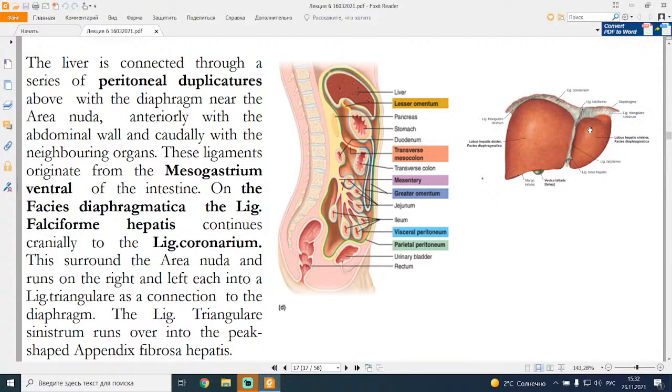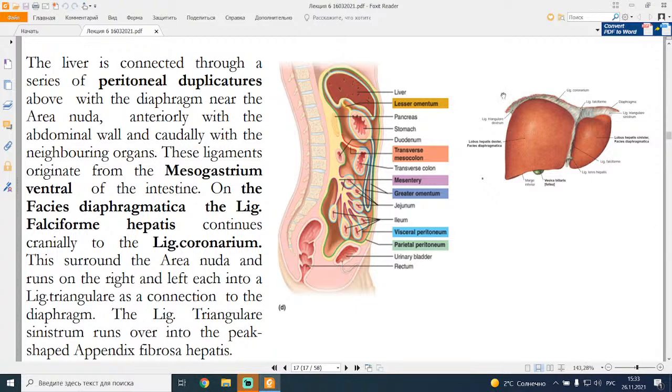The ligamentum falciforme hepatis continues cranially to the ligamentum coronarium. These surround the area nuda and run to the right and left into the ligamentum triangulare as a connection to the diaphragm.